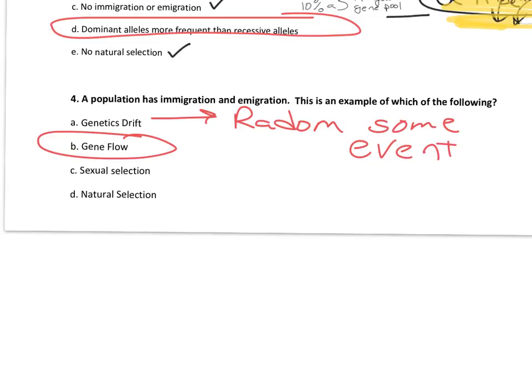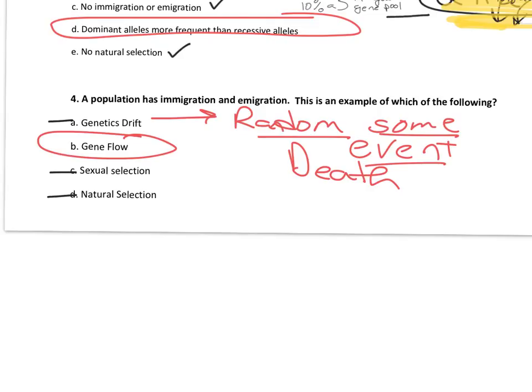Sexual selection is wrong because that's because of somebody mating, right? Somebody choosing. The females are choosing the brighter bird or the bigger lion or whatever the situation is. Natural selection is death, just like genetic drift. By the way, when we say random and because of some event, we're talking about death.